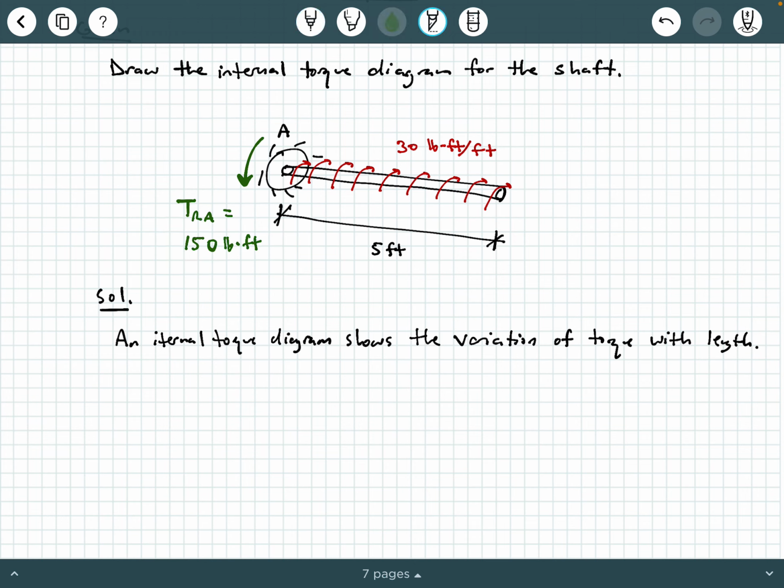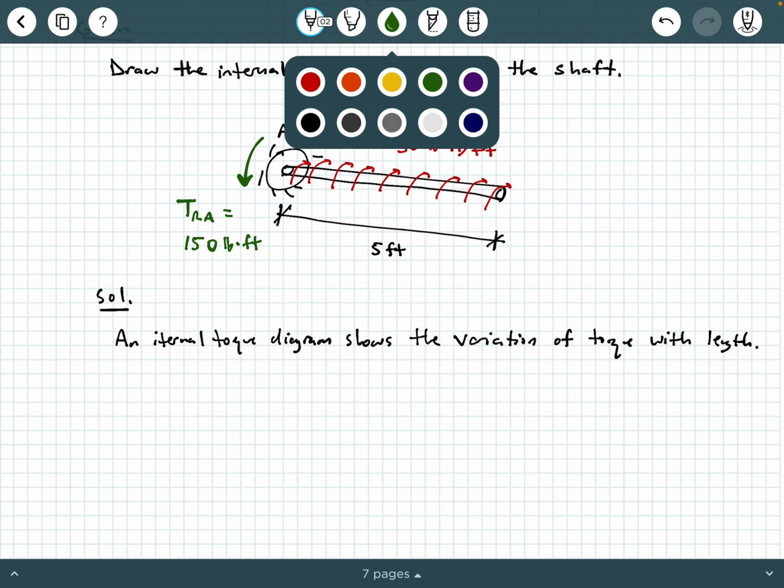We know that because if you take 30 pound-feet per foot and you multiply it by 5 feet, you get an equivalent single torque moment that's really located at the center of the shaft, but it's an equivalent single torque moment of 150 pound-feet. And so by equilibrium, we know that the torque reaction should be equal to 150 pound-feet, but going in the opposite direction. Okay, so hopefully that basic statics is obvious to you.